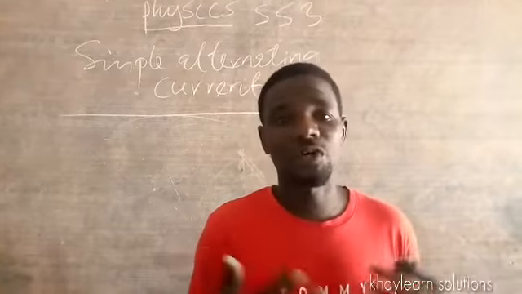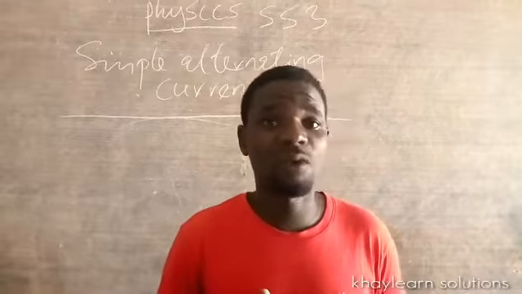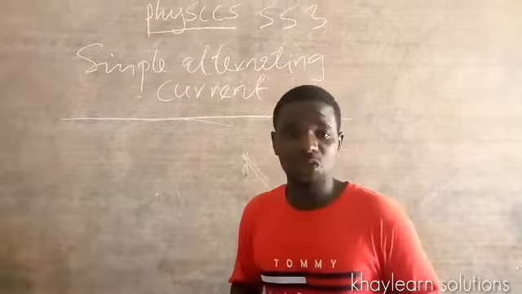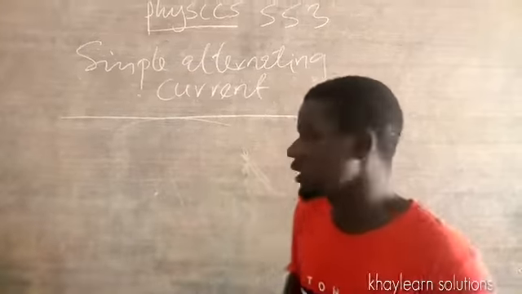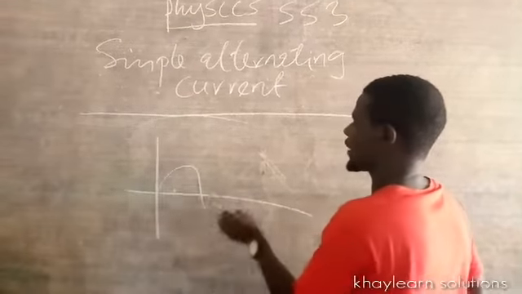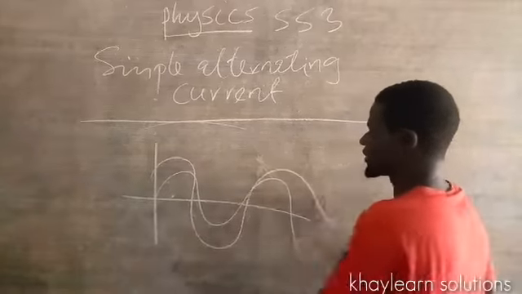Remember, simple alternating current, like I said, has a wave nature. Since it has a wave nature, any quantity that has a wave nature will definitely satisfy this graph.